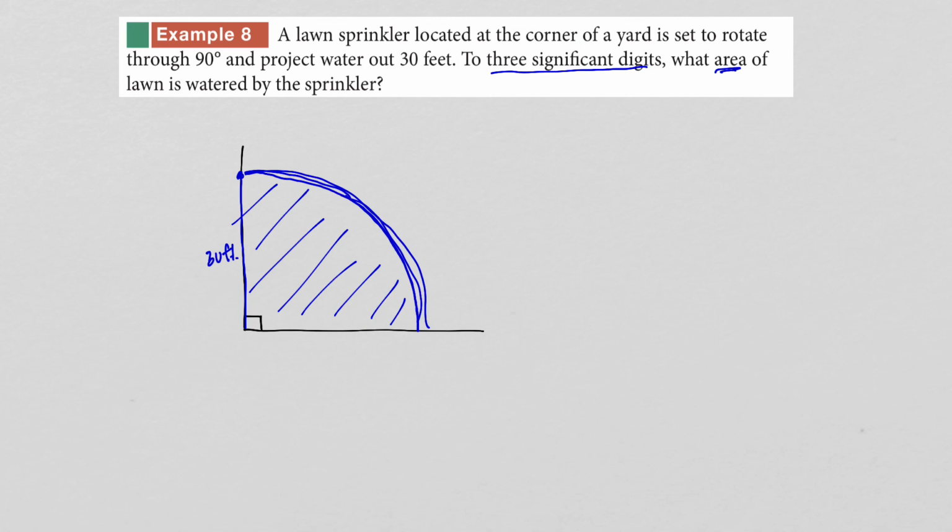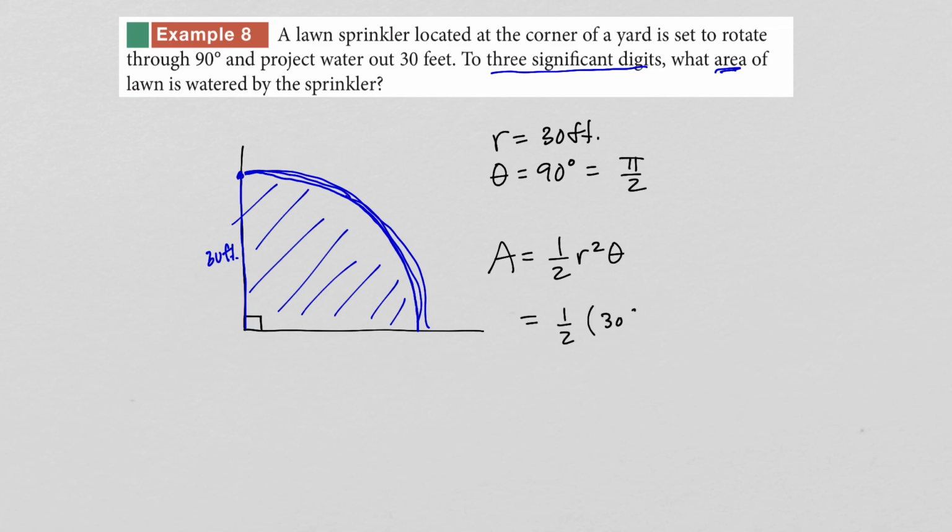All right, well, for this problem, we have the radius is 30 feet. The angle theta is 90 degrees. We cannot use 90 degrees, so we convert it to radians, which is pi over 2. And then the area covered is 1/2 times r squared times theta, which for this problem is 1/2 times 30 feet quantity squared times theta, which is pi over 2.